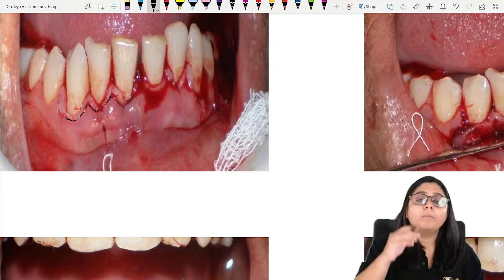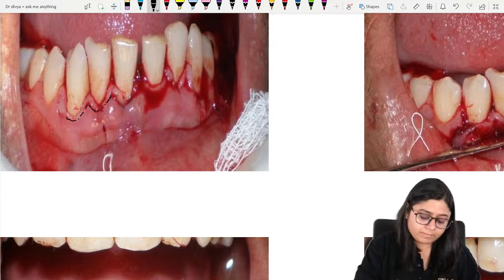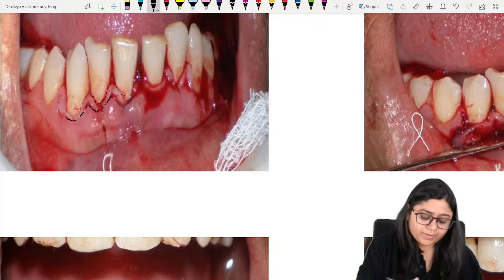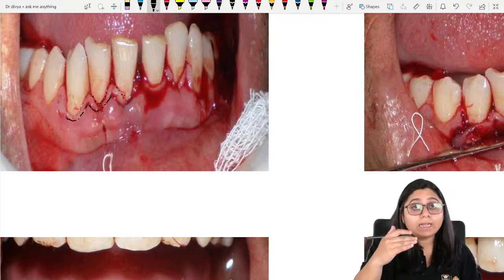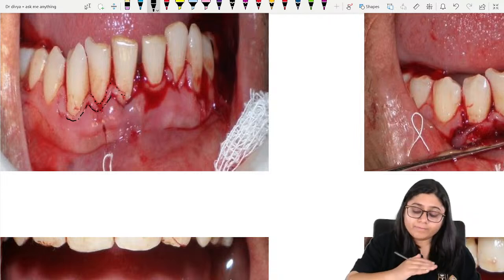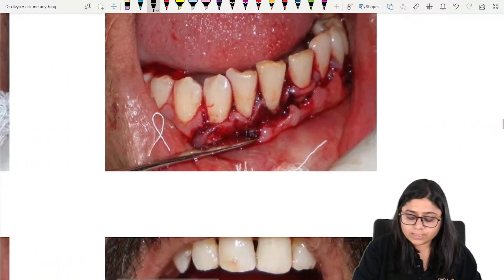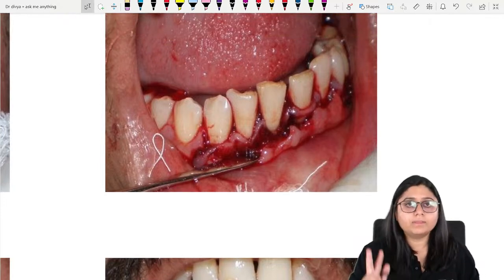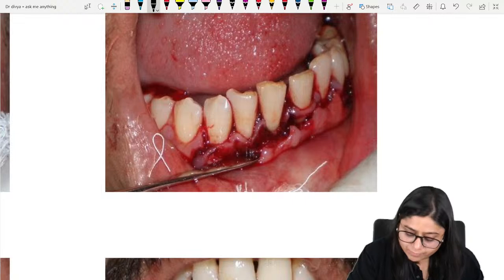It is given 0.5 to 1 mm below the gingival margin, and also you can see the bleeding in the sulcus. This is because of the sulcular incision. So we have separated the infected pocket lining, and after that we are giving the interdental incision. After both the incisions are given, the internal bevel and the crevicular incision, the flap is elevated.